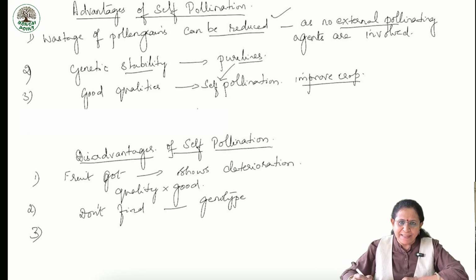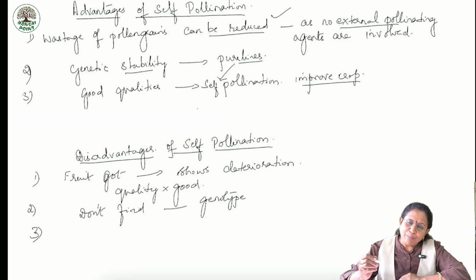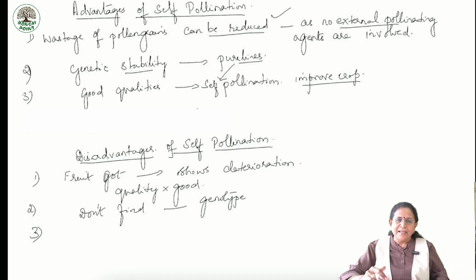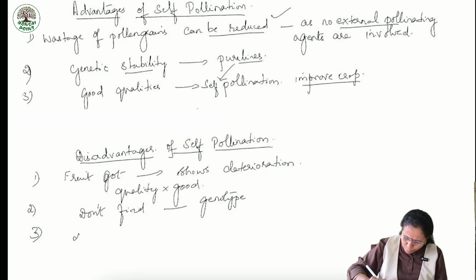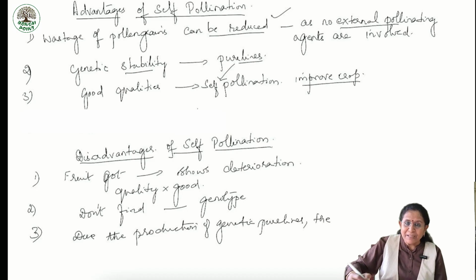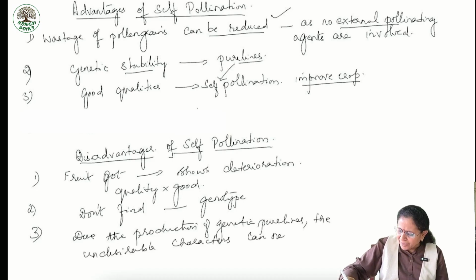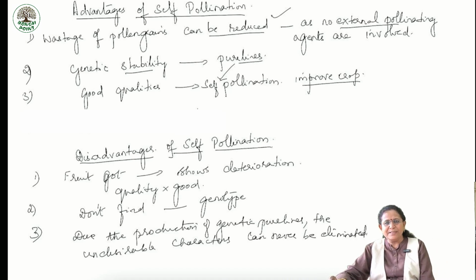The next point is, due to the production of genetic pure lines. In case of self-pollination, we say pure line is maintained, isn't it? Due to the production of genetic pure lines, the undesirable characters can never be eliminated. Okay?